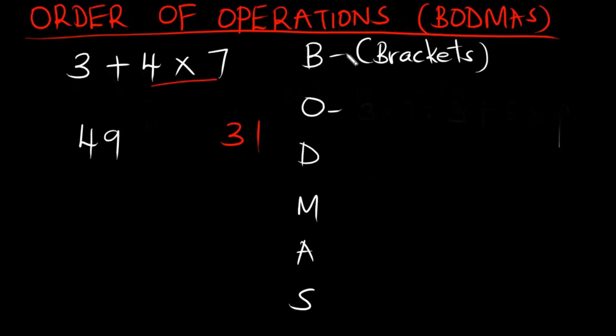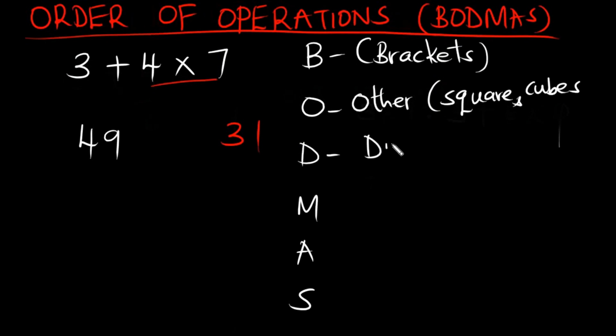So O stands for others. So when we talk of others, we're talking about operations like squares, cubes, cube roots, square roots, and so on. Then D stands for division.